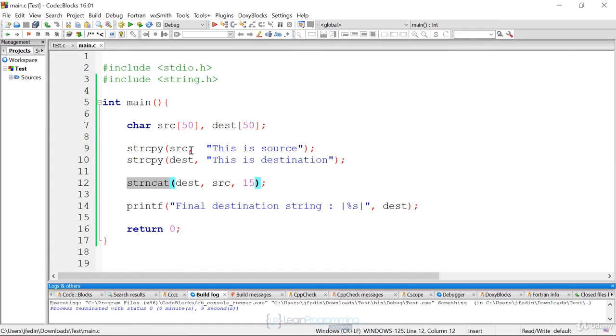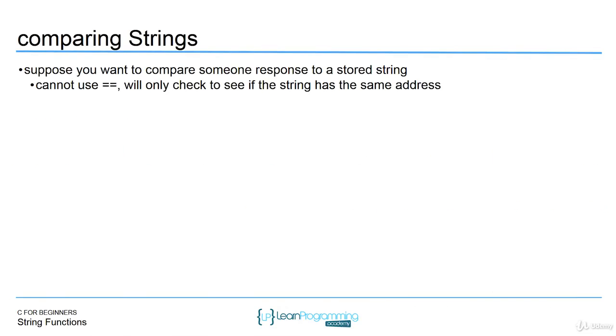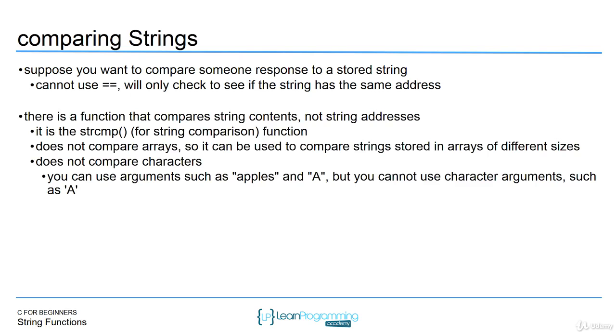Let's talk about strcmp, which I keep accidentally saying instead of strcpy. Strcmp. So for comparing strings, we also have to use a function. If you want to compare one string to another, you can't use double equals. That only checks for references, whether or not you have the same address. So what you need to use is strcmp.